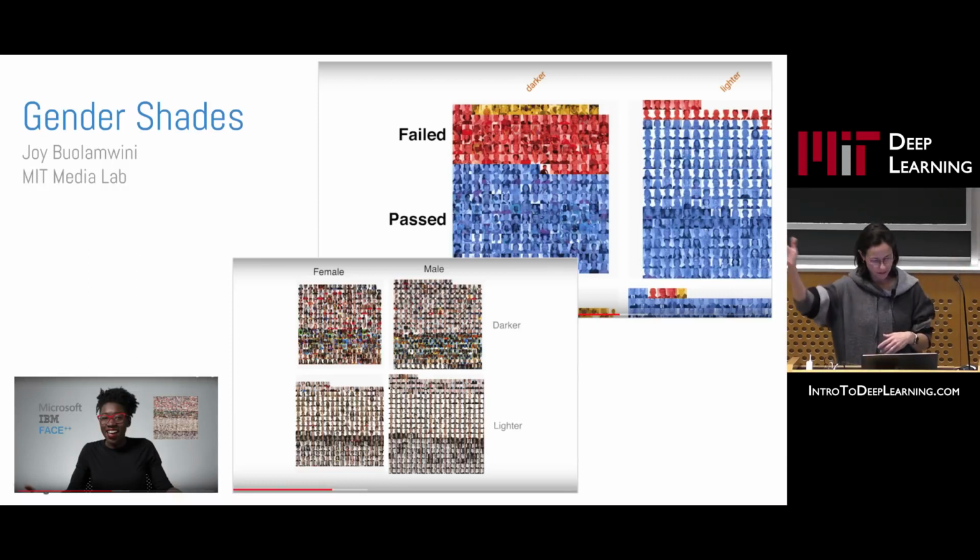So Joy, for instance, at the Media Lab was using Facets to look at racial and gender bias in facial recognition systems from industry. And she was using the visualization to make the point that the category of women of color was the category that the system would consistently do worse at.